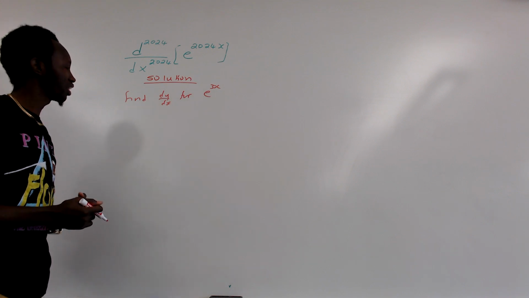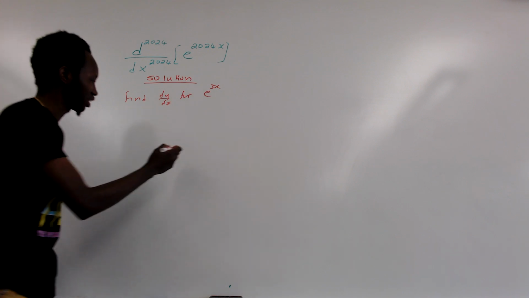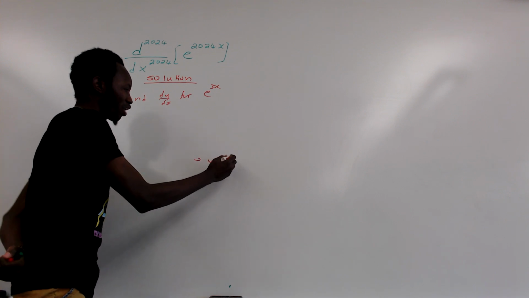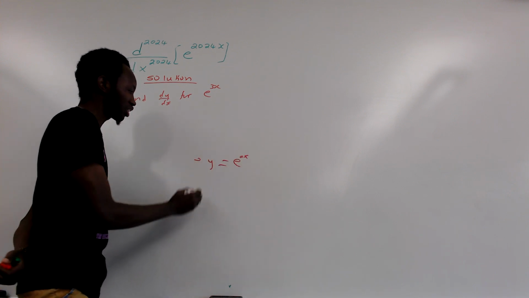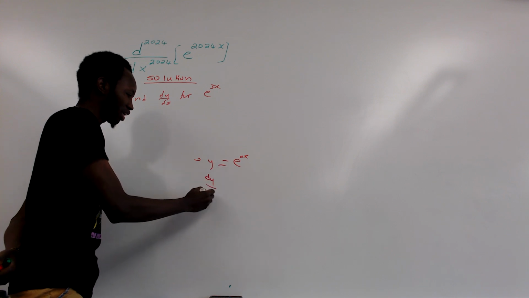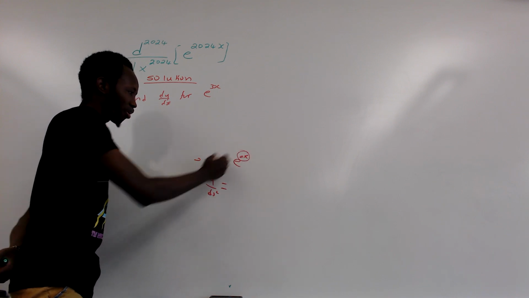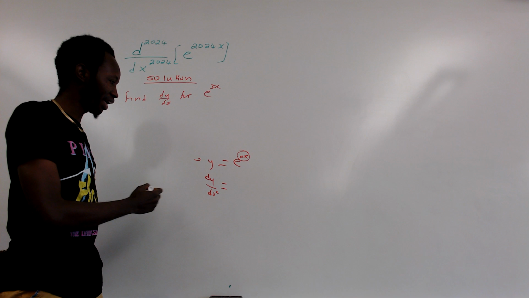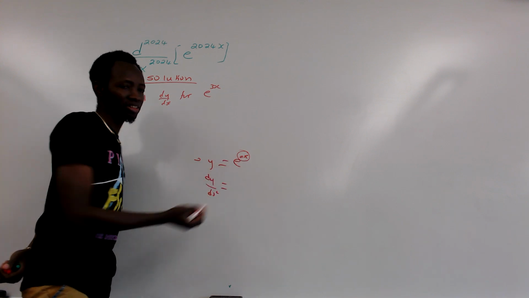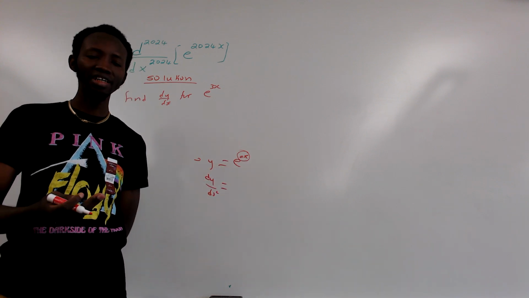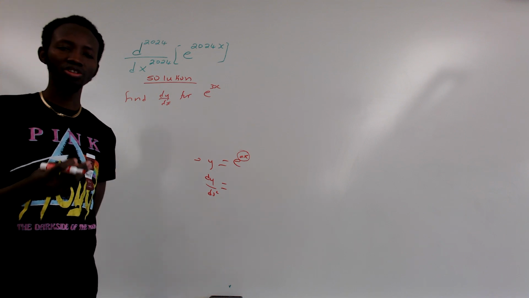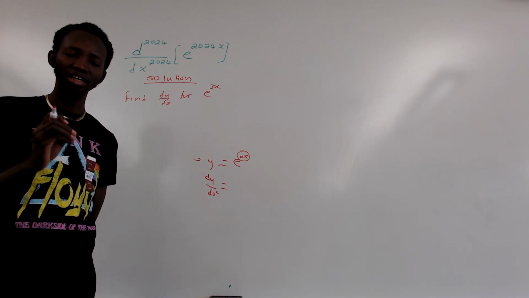Let's say we differentiate the function y equals e raised to ax. If we differentiate this y with respect to x, we get dy/dx, and we differentiate the power always. When you differentiate ax, it is a linear term, and anytime you differentiate a linear term, just take the coefficient of that linear term, and that's going to be the result.